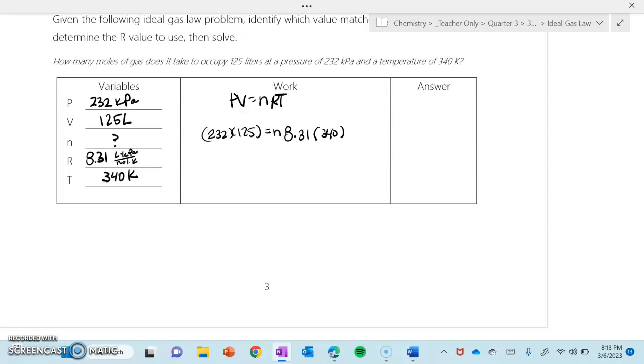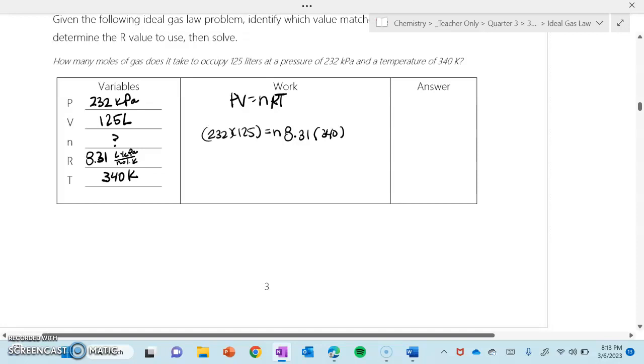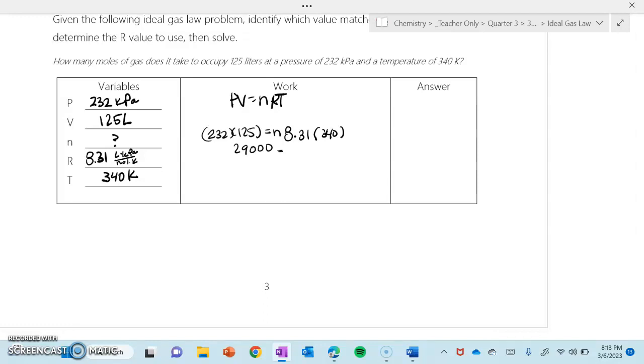Yay. So now we just solve by multiplication. If you simplify this, here, let's multiply these two. 29,000. And 1,994.4 N. Okay, then we divide to get N alone.